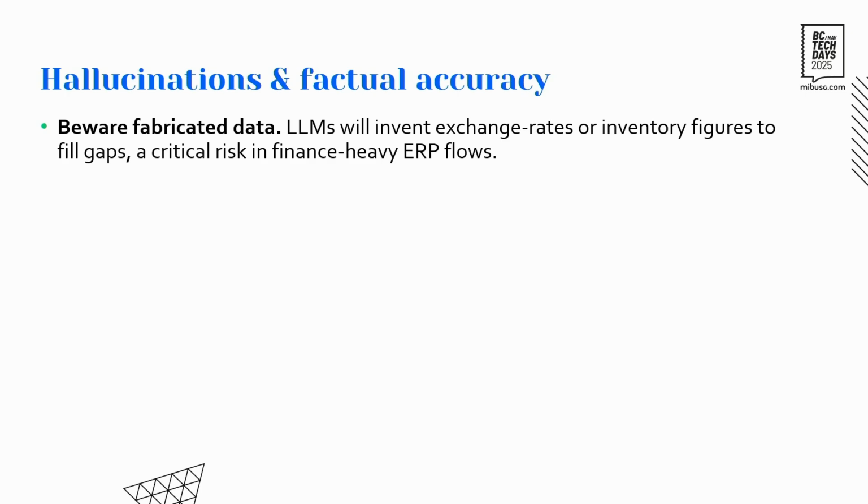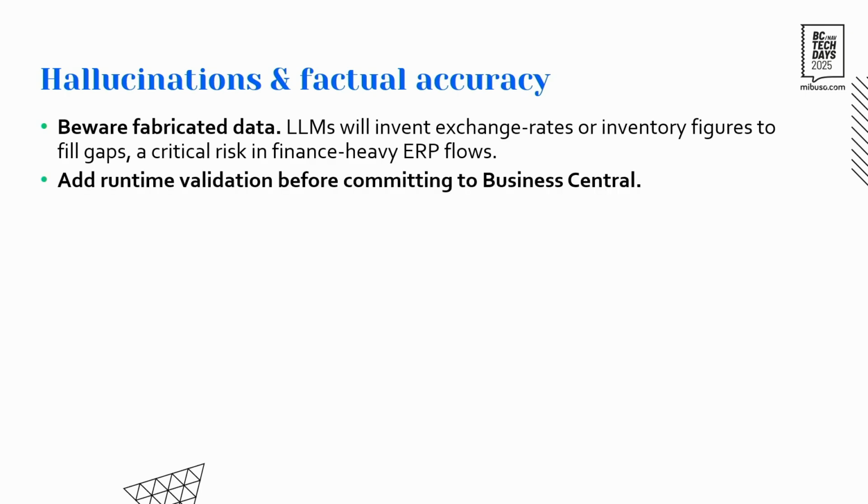That is a very risky thing in ERP, because in a finance heavy ERP system we depend our life or our business on those numbers. So we need to make sure there are no gaps within our system so that the model is not inventing stuff.